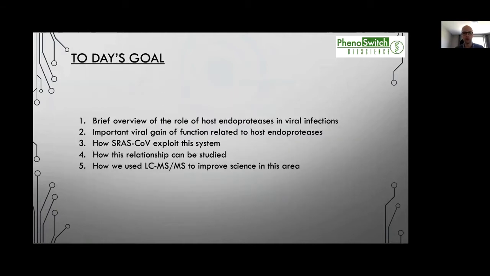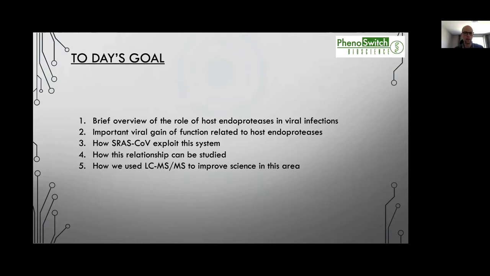So today's goal is to have a brief overview of the role of the host endoproteases in the viral infection. I know someone actually spoke about TMPRSS2. It's one of those enzymes that can be involved.